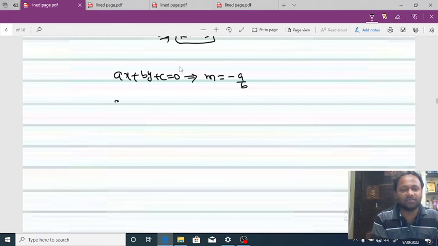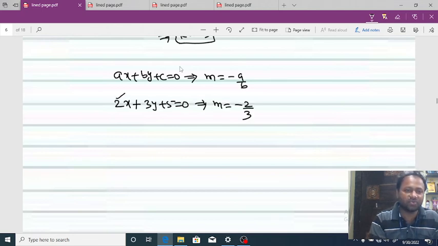Here I will take one example, 2x plus 3y plus 5 is equal to 0. From this, m is equal to minus 2 by 3, because the a value is 2 and the b value is 3.